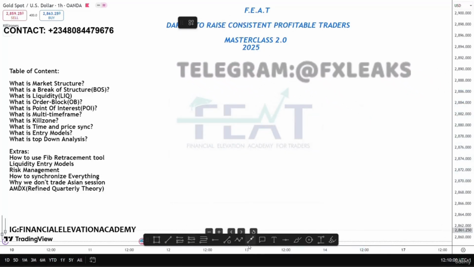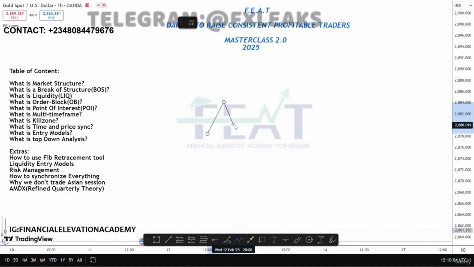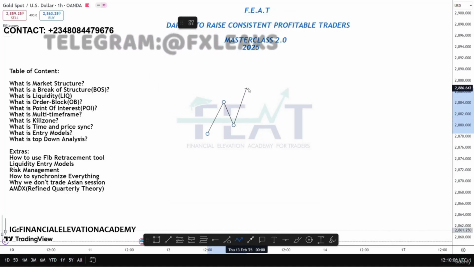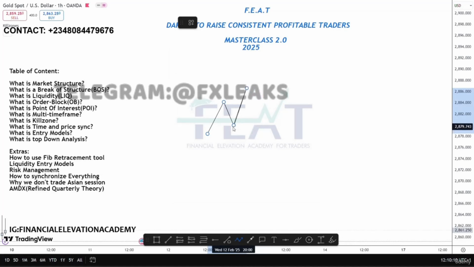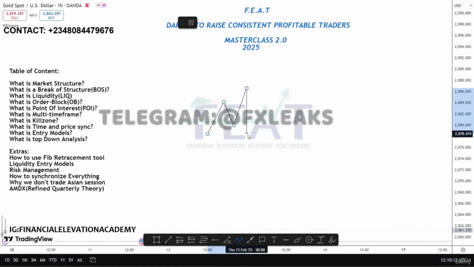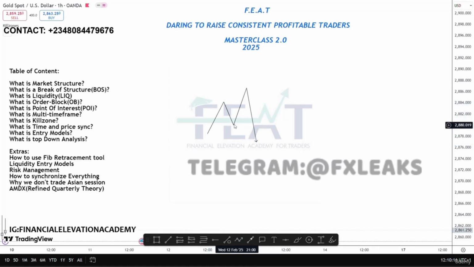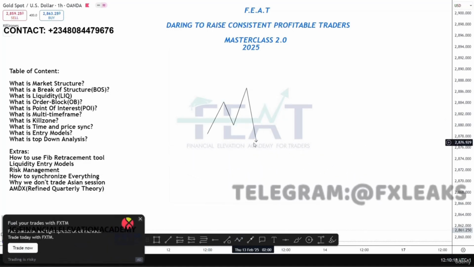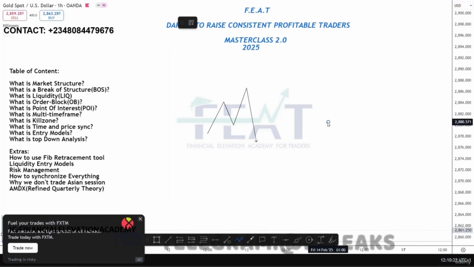Alright. So, now like I said, a bearish break of structure: a high that did not respect the previous low creates a new low, right? So this is a bearish break of structure. Now, a bullish break of structure, on the other hand, is this.